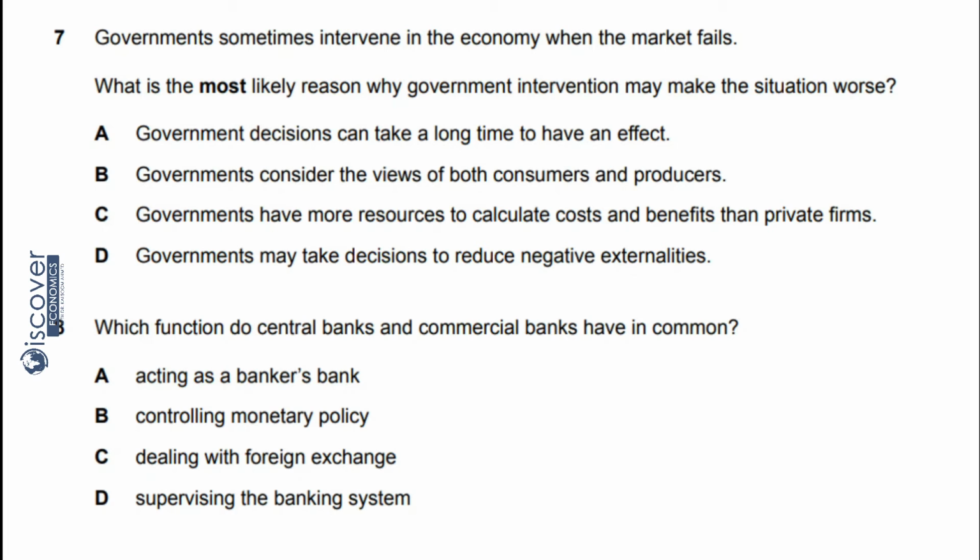Okay, then D. Government may take decisions to reduce negative externalities. Yeah, this happens, government always takes decisions to decrease the impact of negative externalities, but this might not be the answer. The answer that seems correct is A, because government decisions can take a longer time to have an effect.